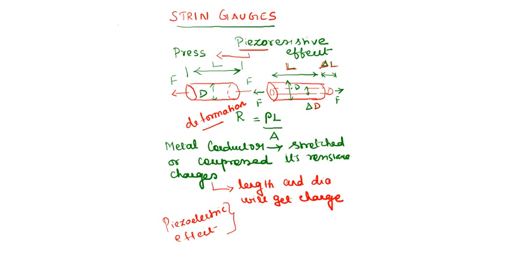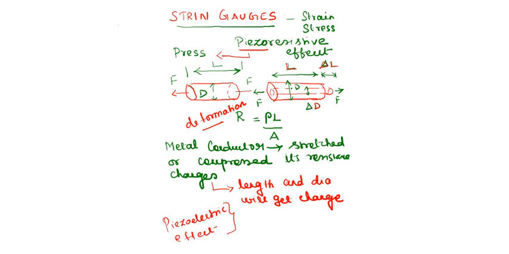That is the piezo-resistive effect, and that is my strain gauge. The strain gauge is used for measuring strain. Wherever you want to measure strain or stress, we can go for this strain gauge transducer.